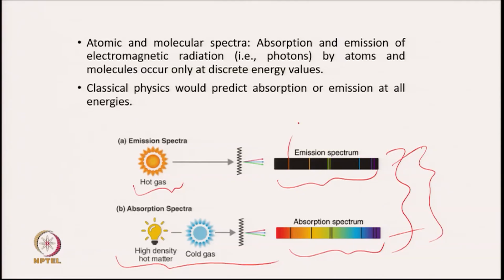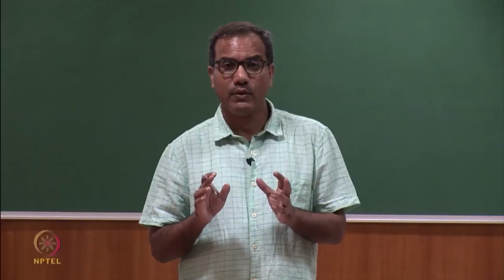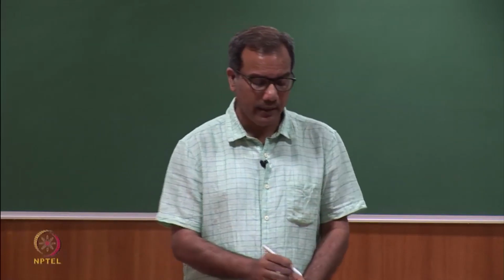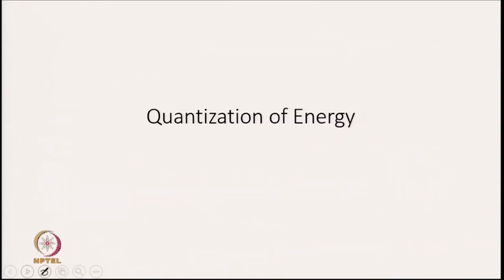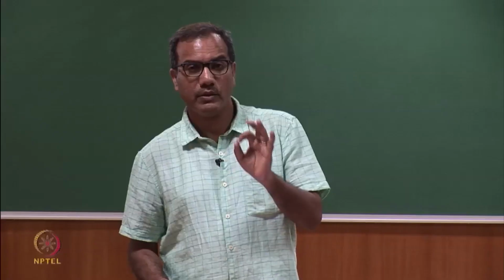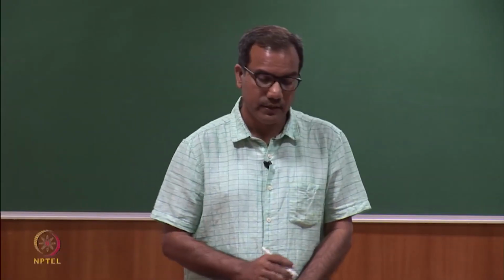So emission happens at this value, at this value, at this value, not at all the values. Similarly, absorption happens at this value, and at this value, these two values, not at all values. And that cannot be explained by classical physics. This observation can be explained only on the basis of quantization of energy.